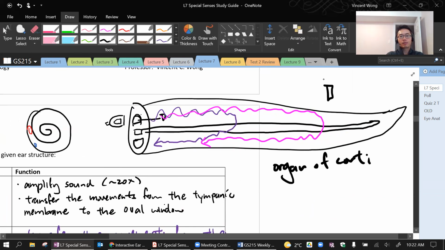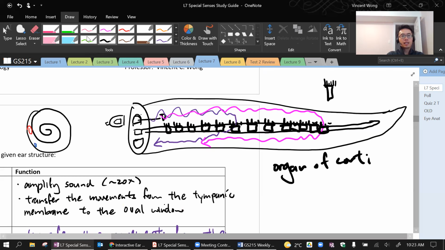A hair cell looks something like this, with hair on it. There are going to be hair cells here, all over the middle. You can think of these hair cells as like the keys on a piano. Depending on which one gets pressed, you get a different sound, right? So depending on where the wave turns around, those hair cells will be stimulated.